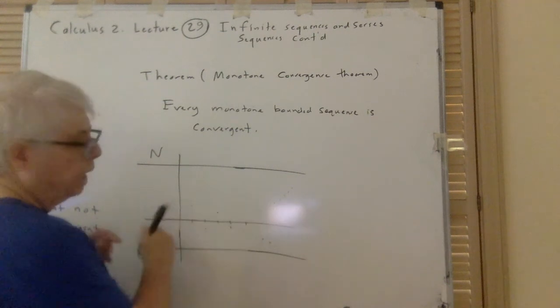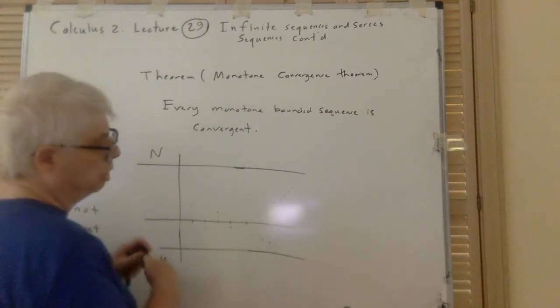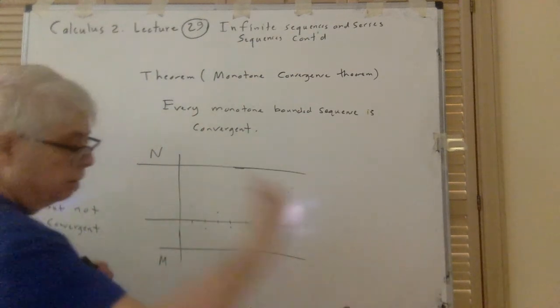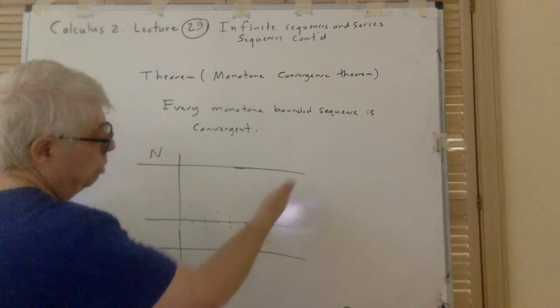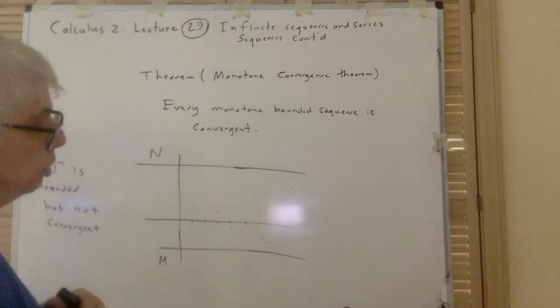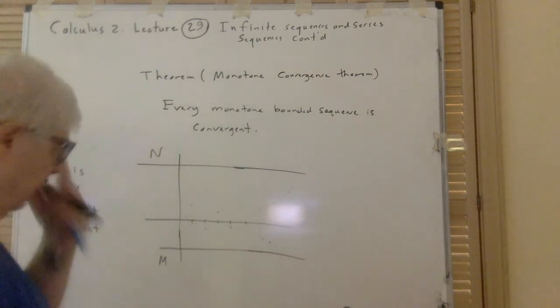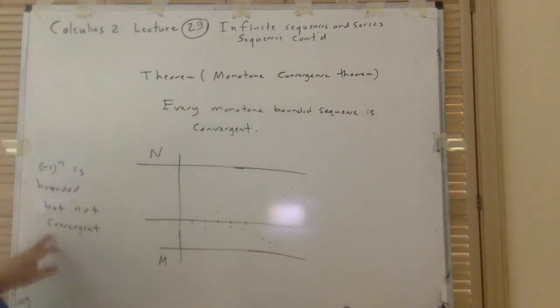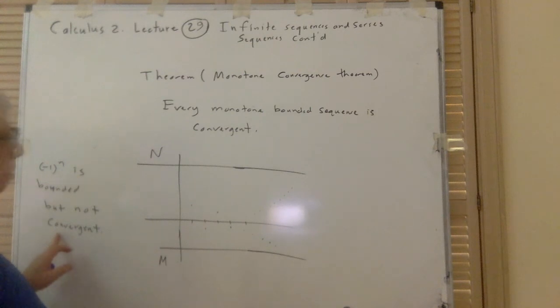So the tail of the sequence can be jumping up and down, but then the other tail, the infinite tail, should be either going up or going down. So if this happens, this one is bounded, but not monotone. It jumps up and down. It doesn't go either up or down.